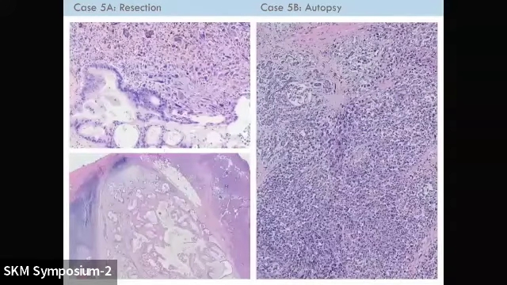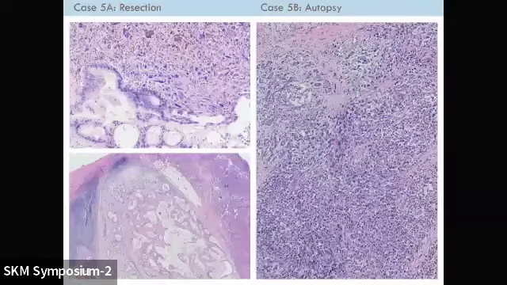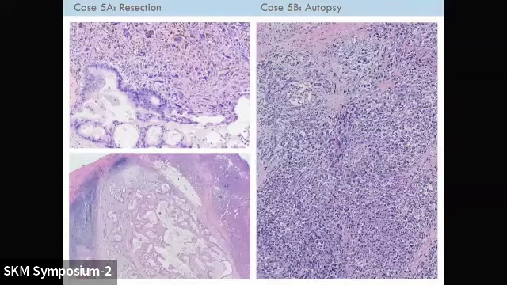So this is actually an example of an undifferentiated carcinoma with osteoclast-like giant cells. But it also showed a component of conventional ductal adenocarcinoma, a phenomenon that has been well documented in the literature. Over here, this is the lymph node, which is showing metastasis by both of these components.